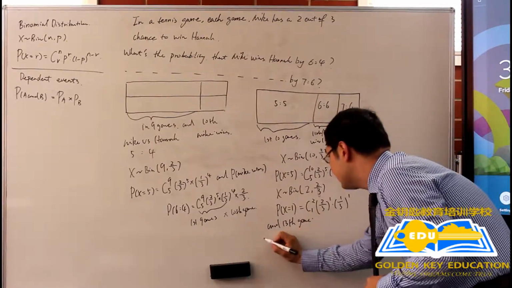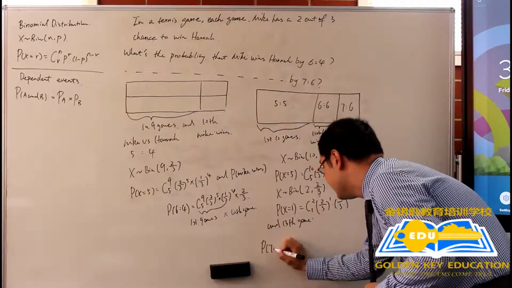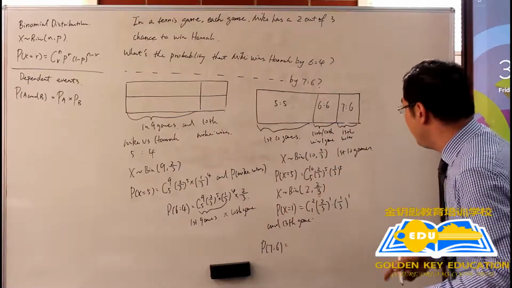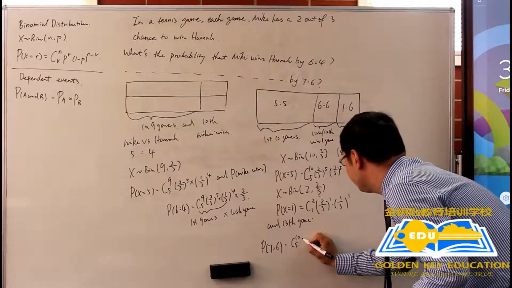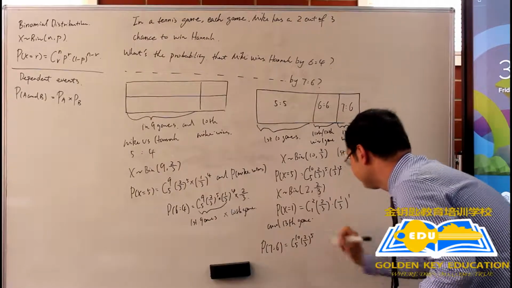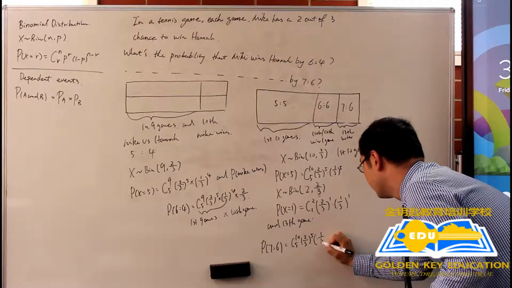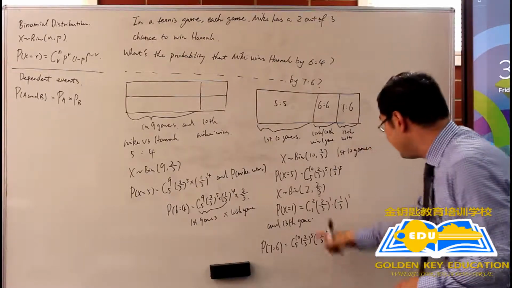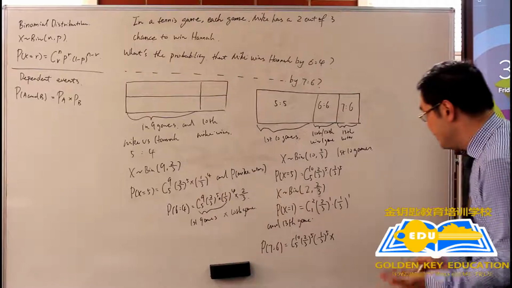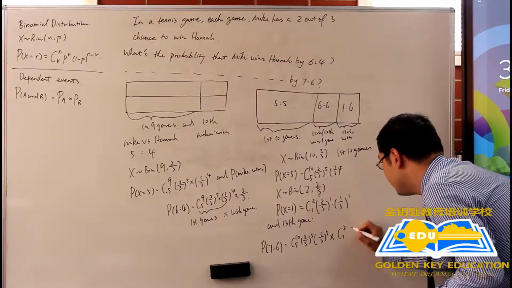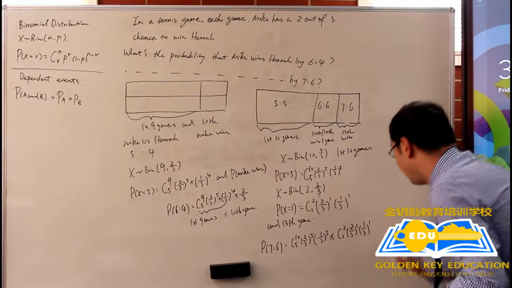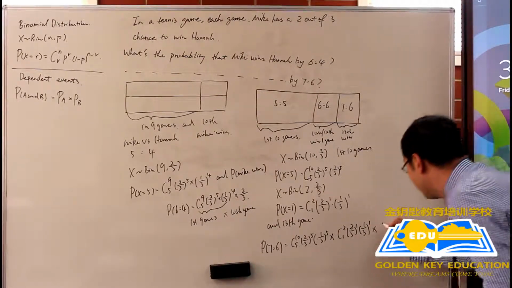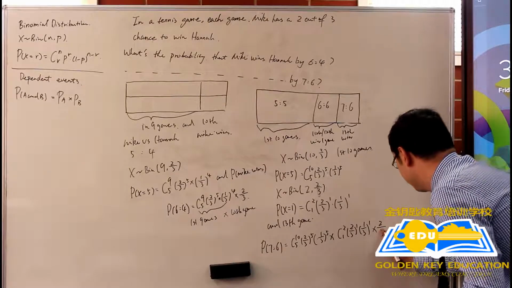you win it. So basically the total probability for 7 against 6 will be whatever you get from the first 10 games, times, since it's a dependent event, choose 1 from 2, 2 out of 3 to the power of 1, 1 out of 3 to the power of 1, and I'm winning the last game, so 2 out of 3.